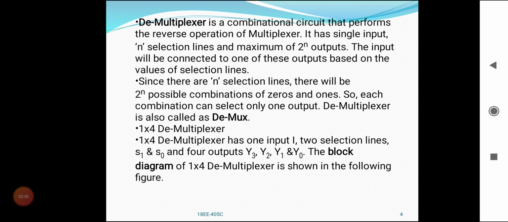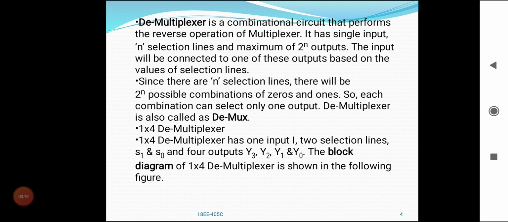Since there are n selection lines, there will be 2 to the power of n possible combinations of zeros and ones. So each combination can select only one output. Demultiplexer is also called DMUX.